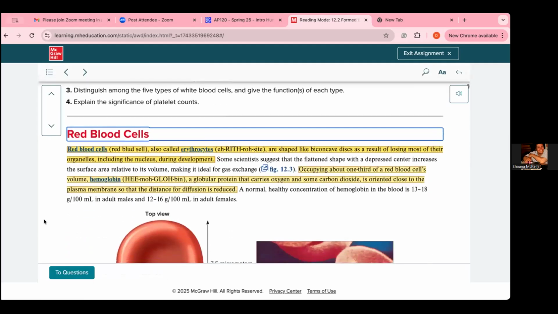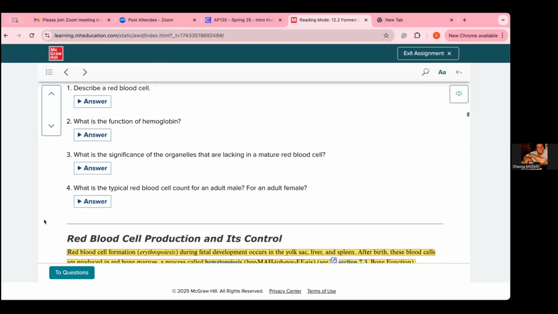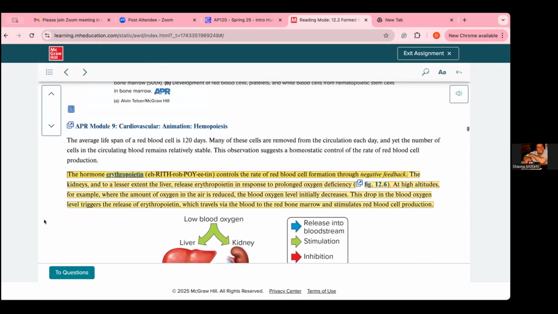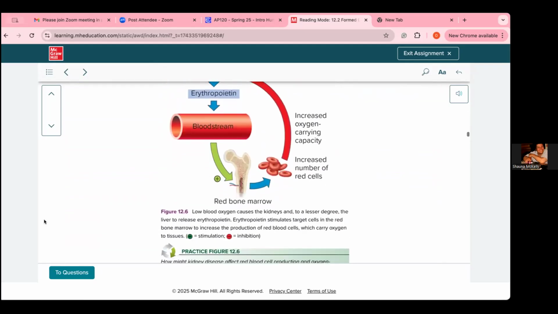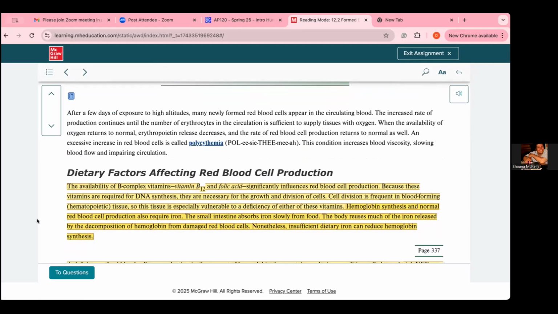Okay, we have to go down past everything we read already. Okay, that's about when you have oxygen deficiency. Keep going. We read that.